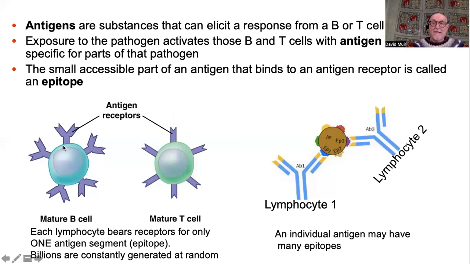That's all antibody is. A B cell which binds a particular epitope there will start to produce antibody to that epitope. And it does it quite simply by producing molecules very similar to the receptor, but which are soluble.